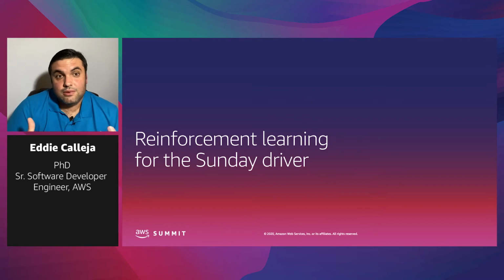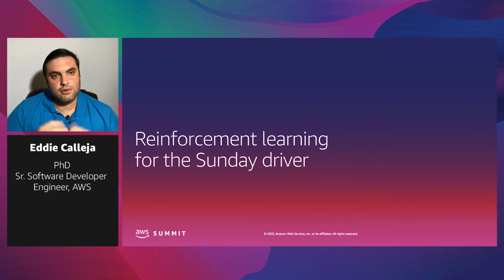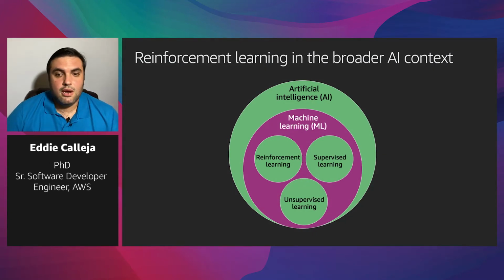And so naturally the question arises, well, okay, what do I need to know to actually train one of these models? And that's what we're going to get into now. So sort of what we call reinforcement learning for the Sunday driver. The basic reinforcement learning concepts that one needs to learn. And let's start off by taking a survey of artificial intelligence. And this means a lot of things to a lot of different people.